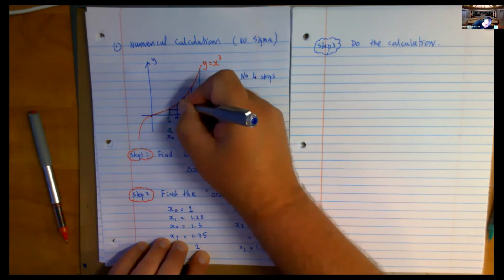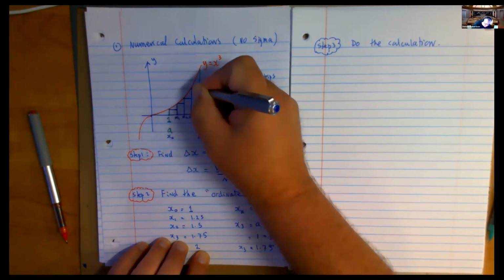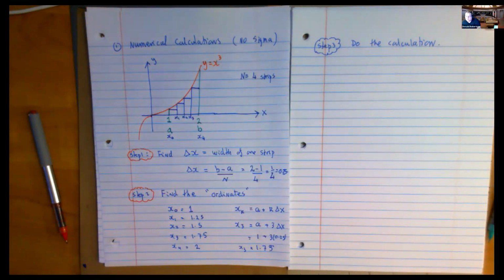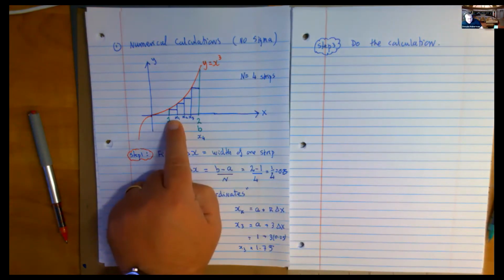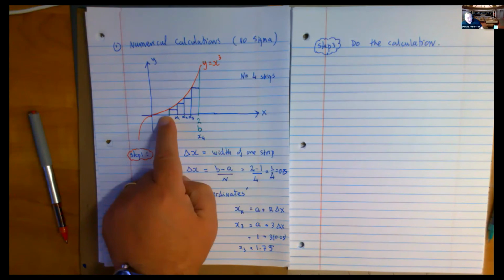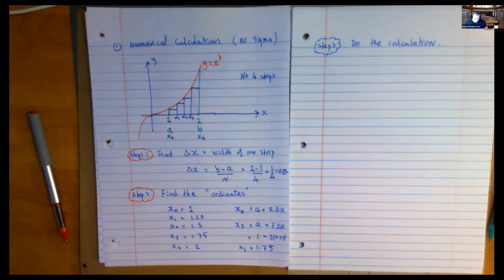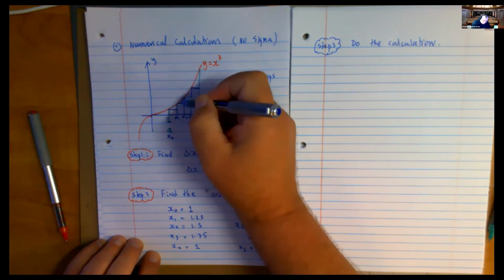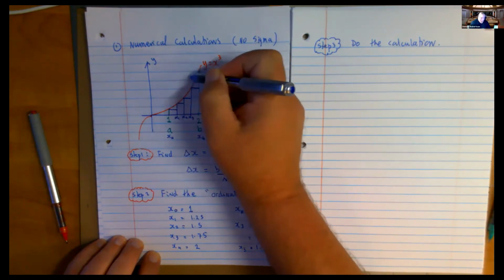These are the rectangles that you would get if you were doing a left 4. Can you see that in each strip, I choose the left-hand side to decide the height of the rectangle, right? This would be a left 4. If I did a right 4, it would be somewhere up here, wouldn't it? It would be the right-hand side.